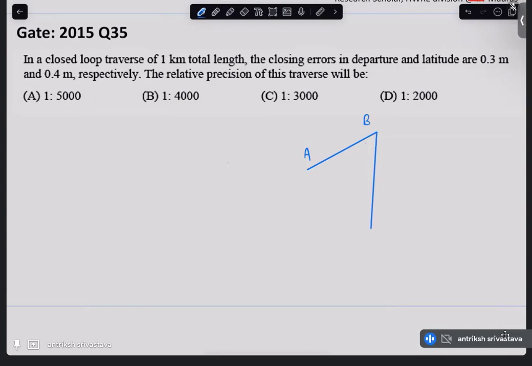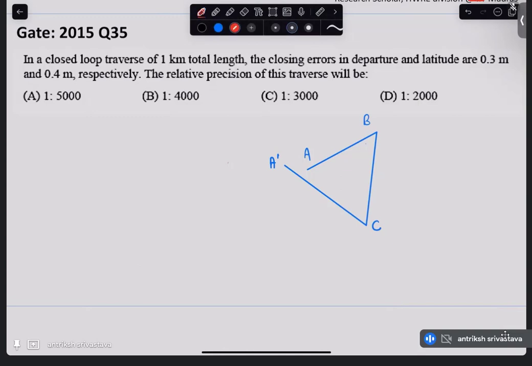And then you went to point C. Then you came back to close your loop to point A. Now, due to one error or the other, due to human error or due to instrument error in measuring these angles, what can happen is these angles of forward bearing and back bearing. Due to these things, what can happen? You may not end up at the same point where you landed. Right. So in that case, there is an error.